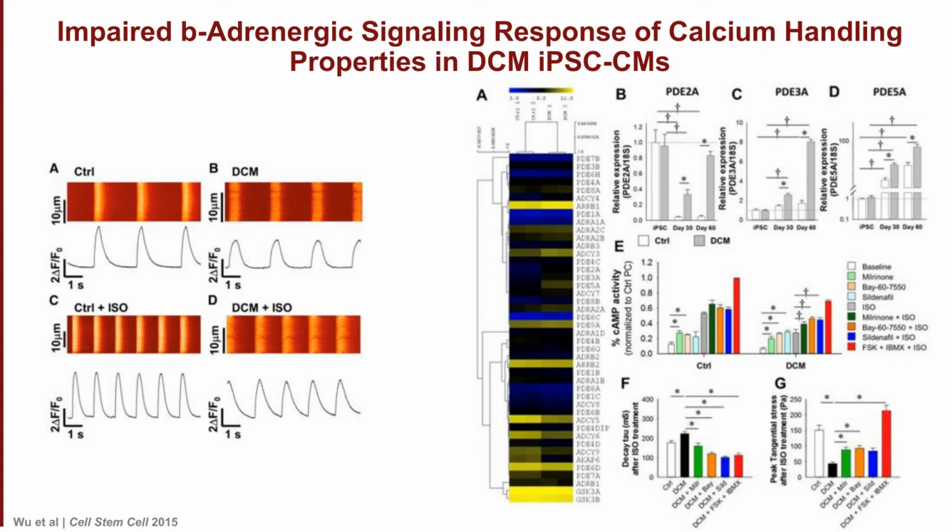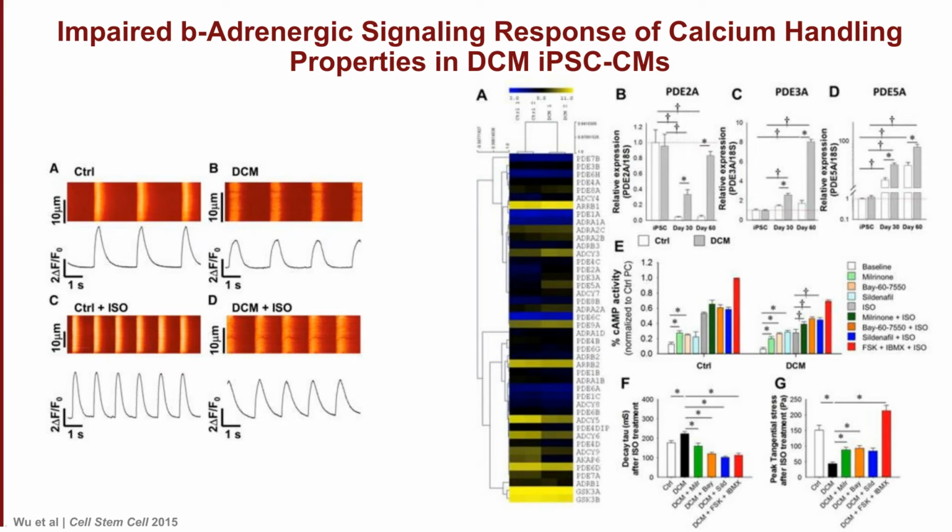Although expression levels of several beta-adrenergic signaling components were unaltered between the control and DCM iPSC cardiomyocytes, they actually found that the phosphodiesterases, PDE2A and 3A, were upregulated in DCM cardiomyocytes. So the phosphodiesterases essentially cleave cyclic AMP, and this is a very important process in a lot of different cell pathways.